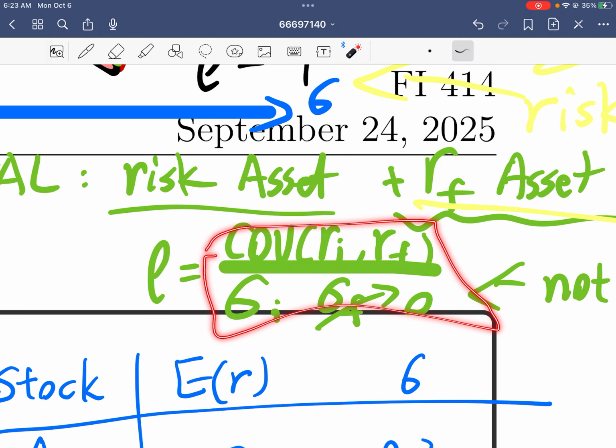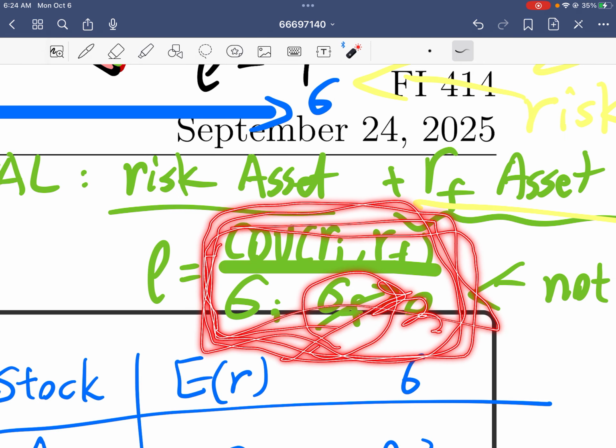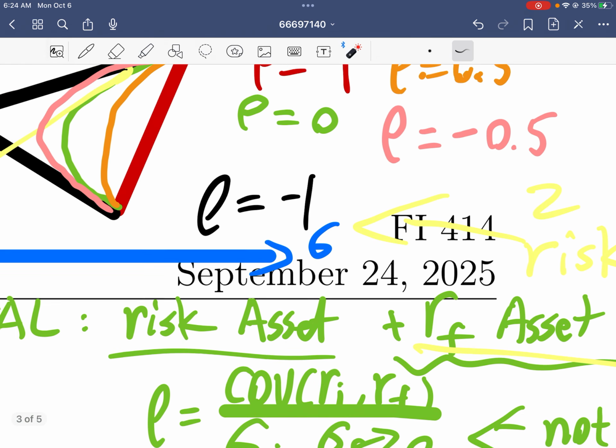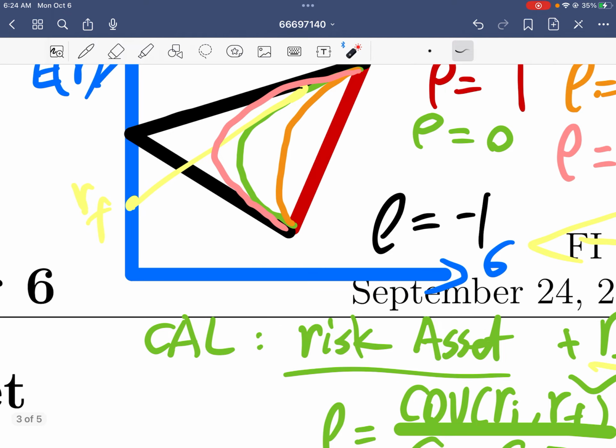Why? Because if you look at our equation of correlation, you can see that the standard deviation of the risk-free asset equal to 0. So this term is undefined. We can't say this equals 0. So we actually couldn't plot it as an opportunity set here for correlation equal to 0.